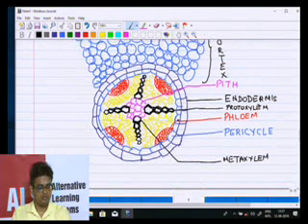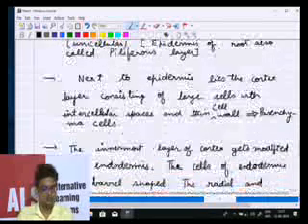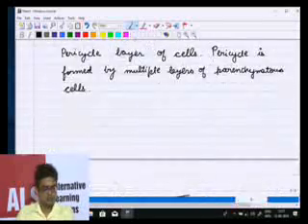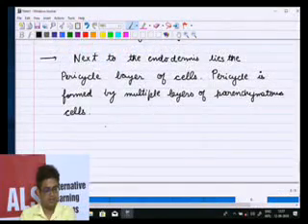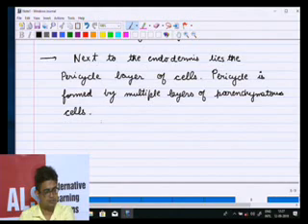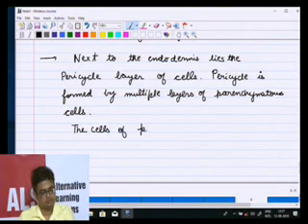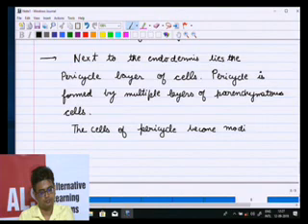So let's write this down now. Parenchyma cells and the cells of pericycle become modified in older roots, and in dicots only, not monocots.